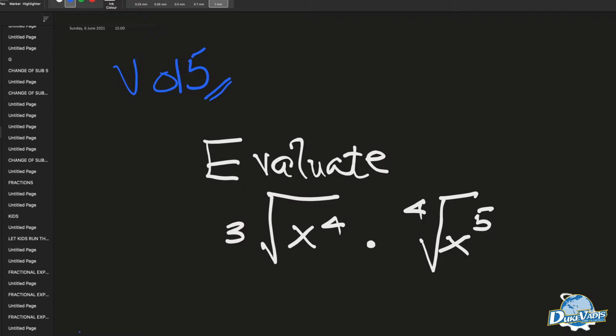Okay, so as you can see, this is the question. It's a whole lot of expression here, multiplying this expression. First and foremost, we have to simplify the whole expression term.